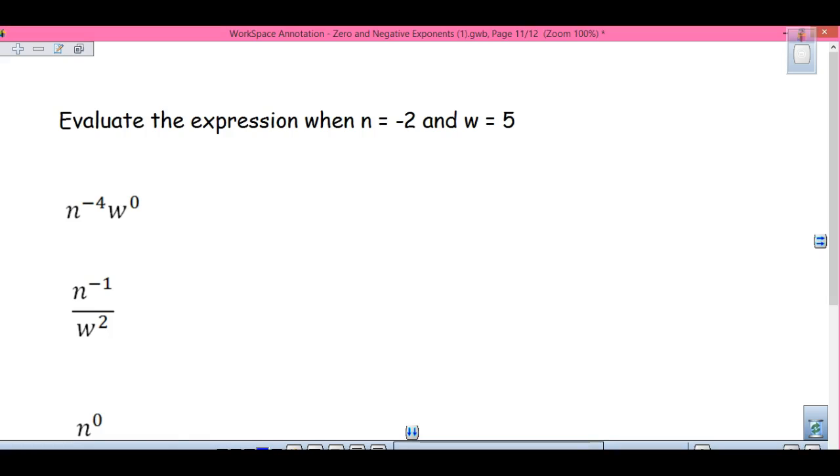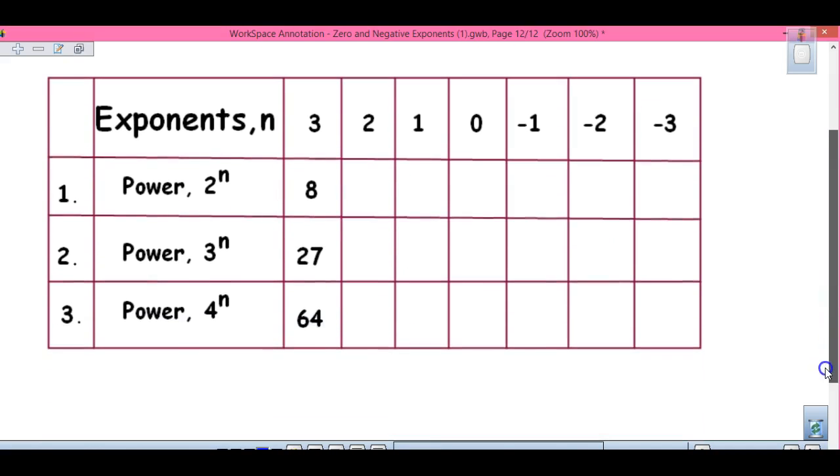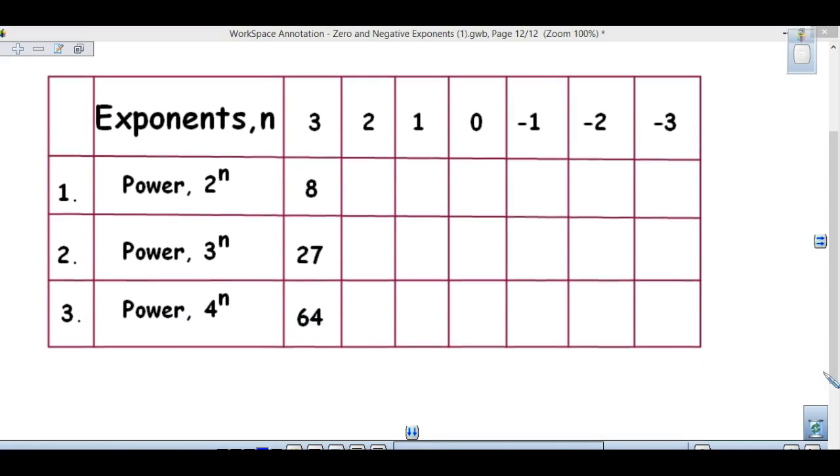That one we're good with, that one we're good with. All right, we're just going to take a quick peek at this. Okay, all we're going to do is the top row. Okay, so we have 2 to the n power, and they're saying plug these numbers in for our power, or for our exponent.